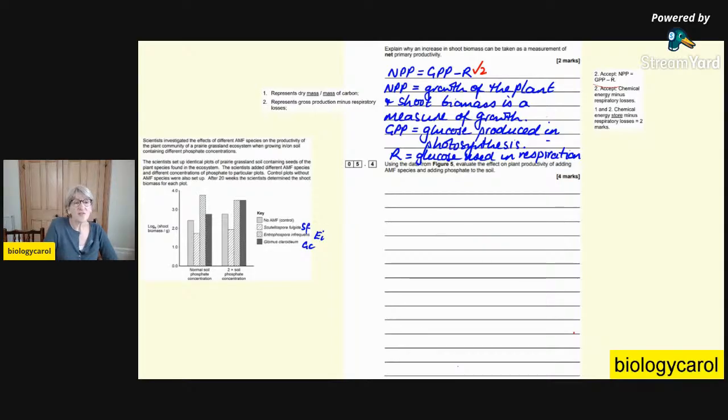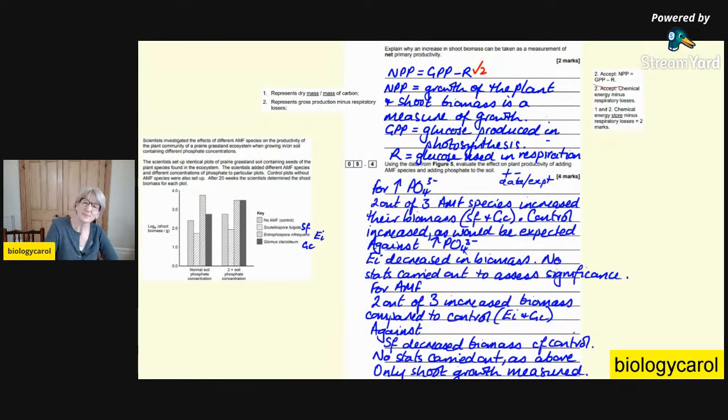Using the data from figure 5, evaluate the effect on plant productivity of adding AMF species and adding phosphate to the soil. So here is my full-on answer. Notice my little notes up here. Evaluate means pros and cons, fors and againsts.